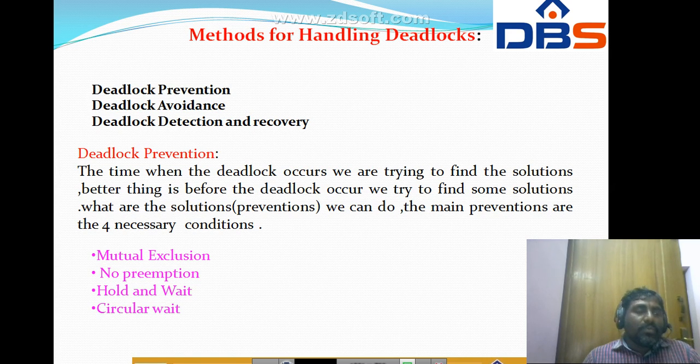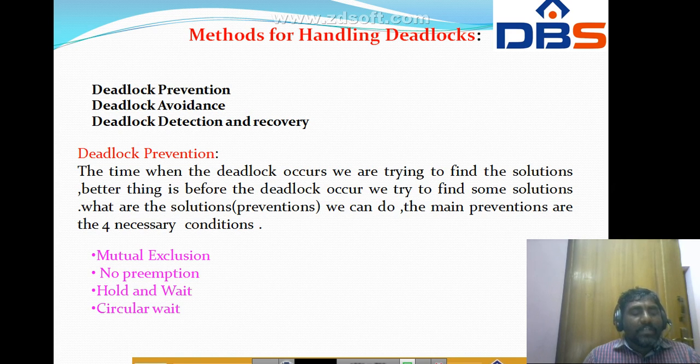Next, coming to clear information about deadlock prevention. Just now we said that when the deadlock occurs, we try to find a solution. A better approach is to find some solution before the deadlock occurs.